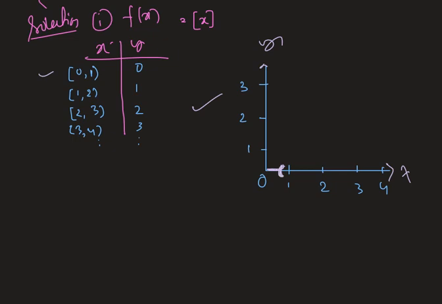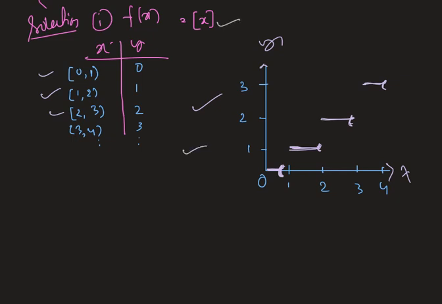For the next one, 1 to less than 2, the value of y will be 1, which results in this. For the next we get the value of y as 2, and lastly 3. So the graphical representation of box of x looks like this.